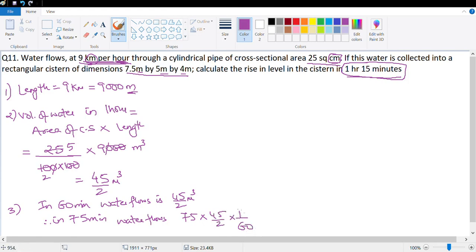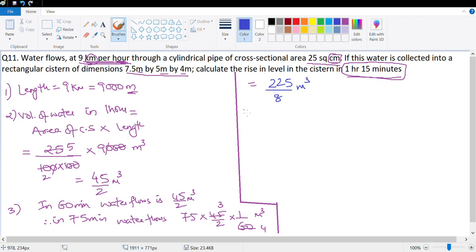Let's divide by 60. 15 into 3, 15 into 4. And this is in meter cube. So this would be equal to 225 upon 8 meter cube. So this is the volume which will flow out in 1 hour 15 minutes.